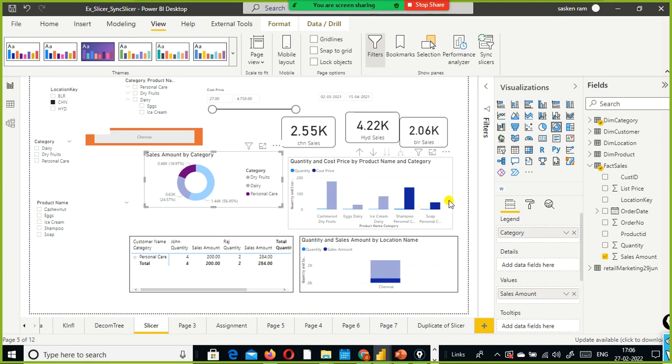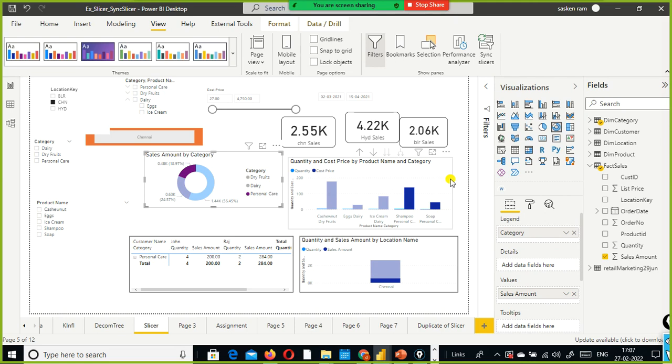So there are cases, let's say you deal with 10 categories. Of the 10 categories, you want to see in which categories we made sales and in which categories we did not make sales. If you want to view both in a single visual, in that kind of use case, it is helpful, so that they get to know which products they are selling and which of them they are not able to sell.